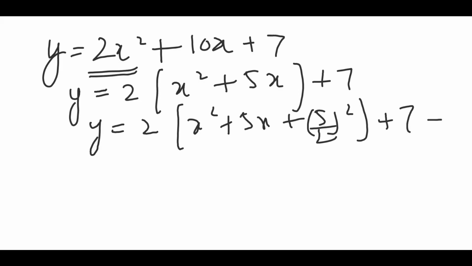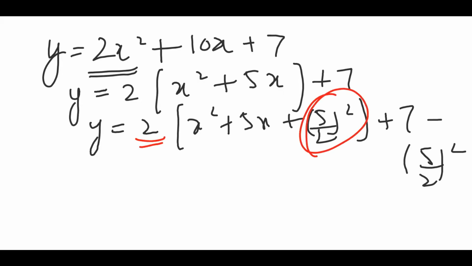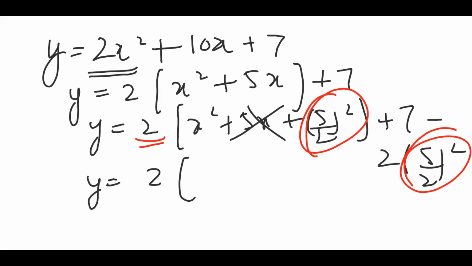But what is the difference here? Since this 5 by 2 is being multiplied by 2 here, we'll multiply the squared 5 by 2 by 2 as well. So simplifying it further, we get y is equal to 2, we cancel this out, we get (x plus 5 by 2) whole squared.